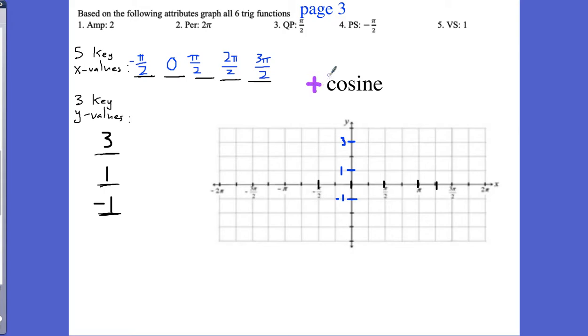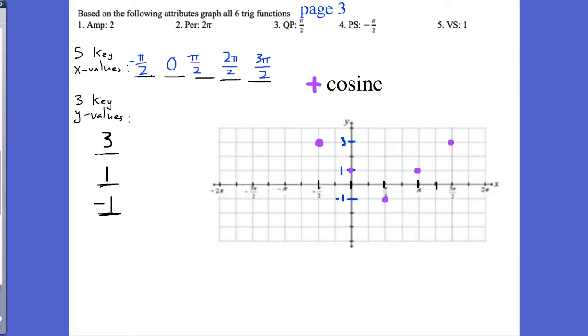It wasn't specified for this problem, but we're going to assume that A was a positive value. And so that means we're going to start up at the top. So first dot, up at the top. Next one, middle. And we're just following the normal pattern that every sinusoid, sine or cosine graph, creates.